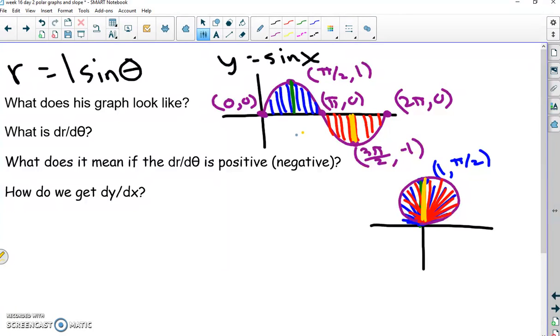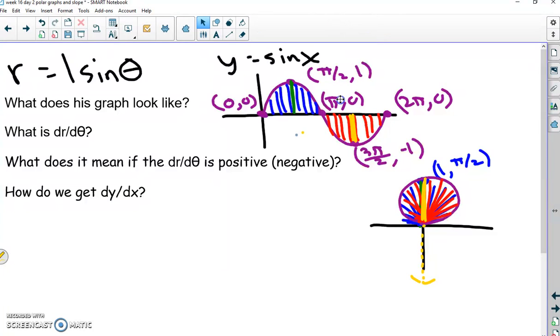Negative 1. And I know that's our go-to. How high up is that yellow? 1. But what's his radius worth? Negative 1, because he should be down low. So I'm trying to show it to you visually.